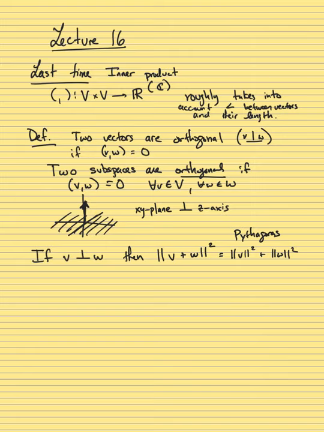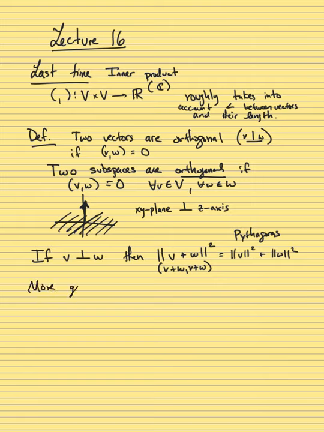This is quite easy. You just write this as the inner product of v plus w with itself, multiply it out using linearity, and the two cross terms are equal to 0 because of orthogonality. You can actually do this more generally.